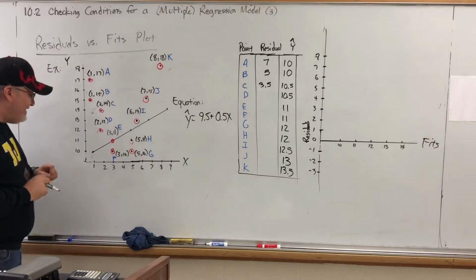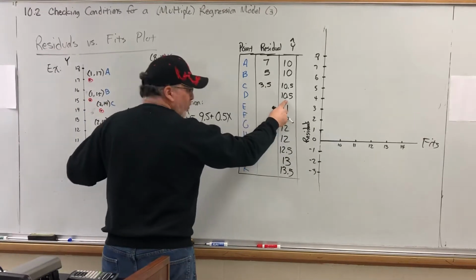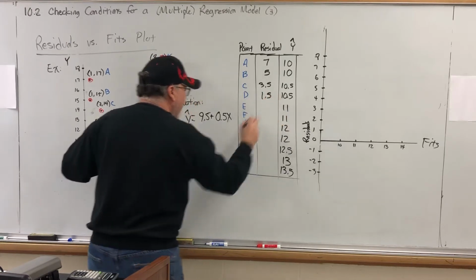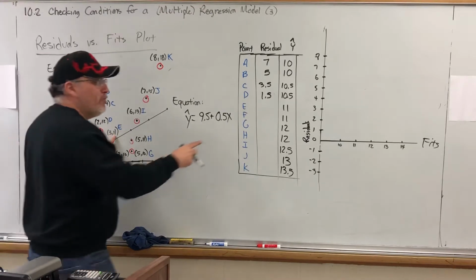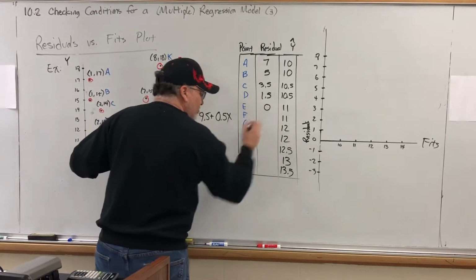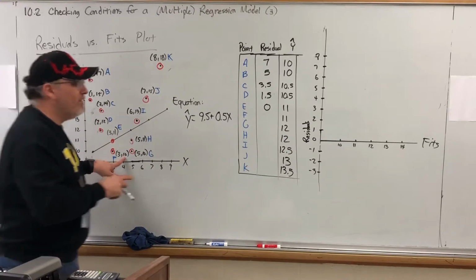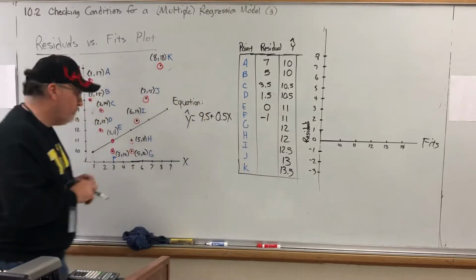For point D, we observed 12, but predicted 10.5. 12 minus 10.5 is 1.5. For point E, we observed 11 and we predicted 11, so the difference is 0. For point F, we observed 10, but predicted 11. 10 minus 11 is negative 1.